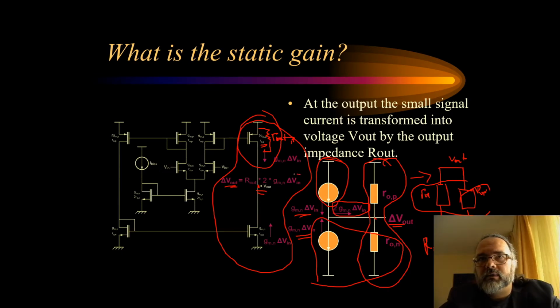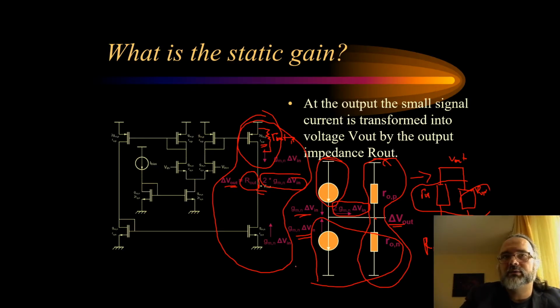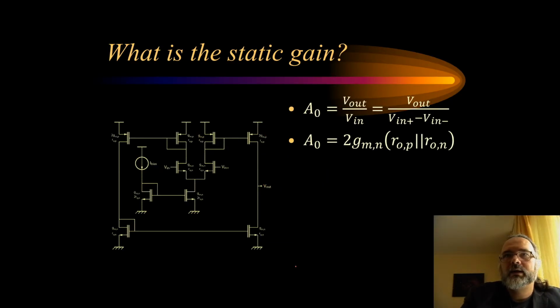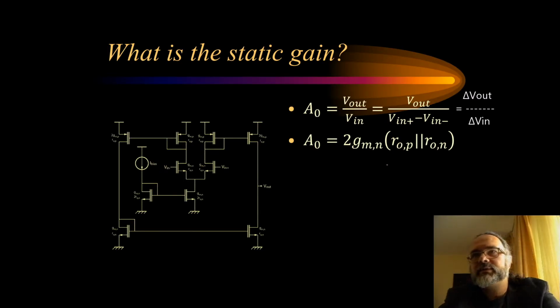So the excessive current times the output impedance will be the change in the output voltage. Hence now we can derive the gain. We got an expression for the V out as a function of delta V in, and if you substitute you'll get 2 times GM R out.